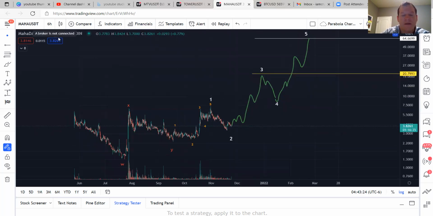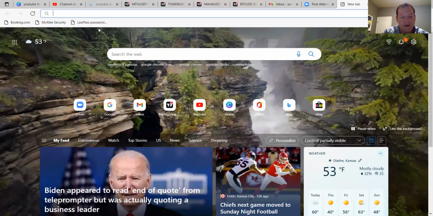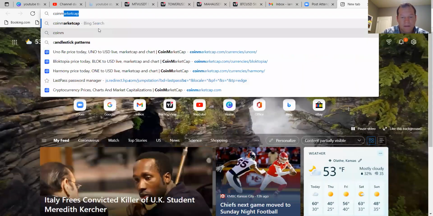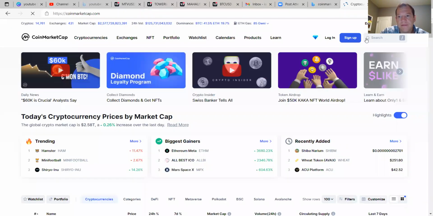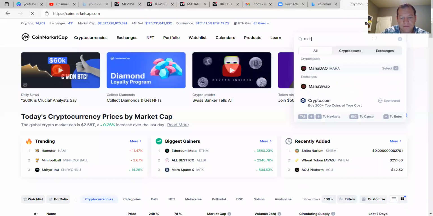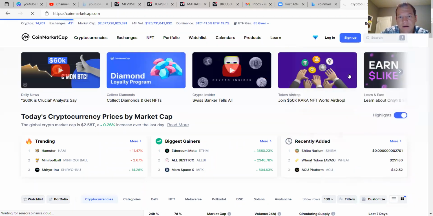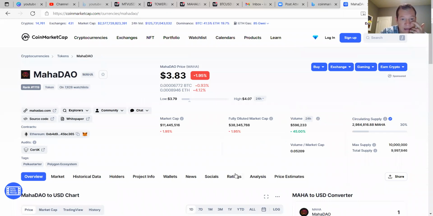I think that's realistic. This is a small cap. The market cap on this thing is, let's see, I think it's just a couple million, but let's double check real quick here. MAHADAO market cap is 11.5 million on this guy.